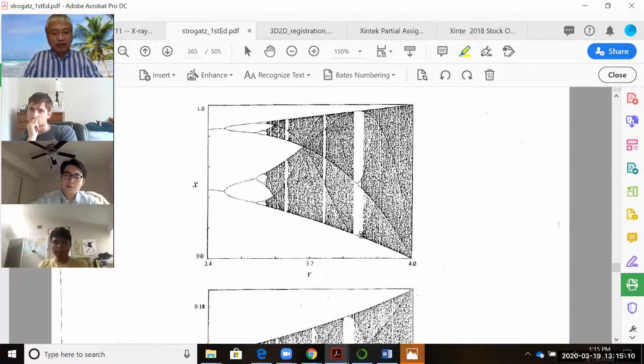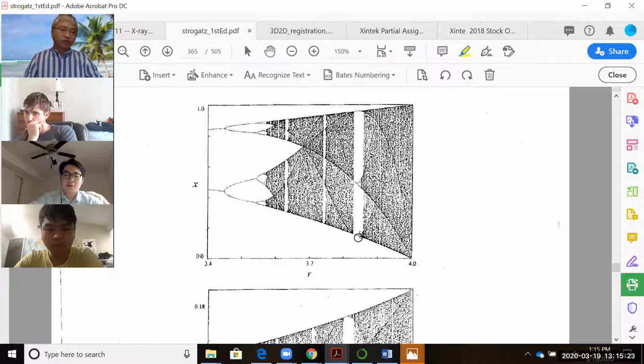So it's not that beyond this R value everything is chaotic. It is mostly chaotic, but in this overall chaotic regime there are windows of ordering.